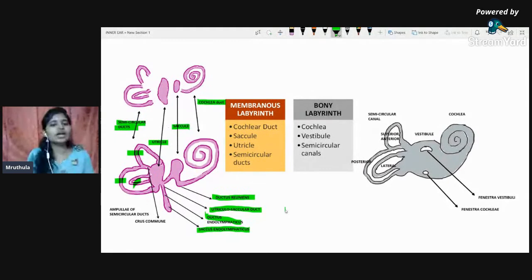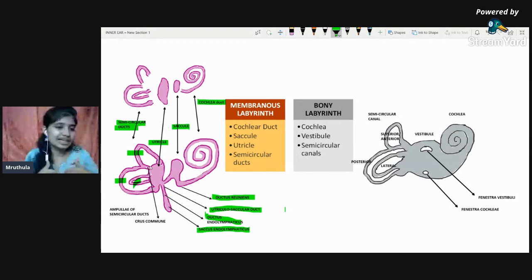I'll tell you. So let's imagine every duct is having 2 openings. So every duct has one ampullated opening and a non-ampullated opening. Ampullated means a dilated portion. Okay, so every duct has one ampullated and one non-ampullated end. Non-ampullated opening, or the end of the anterior or superior and the posterior semicircular ducts together form a common opening.